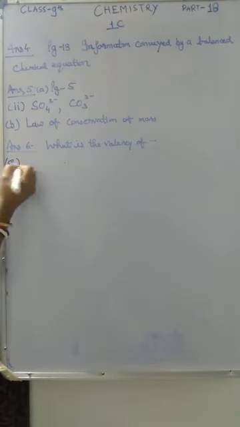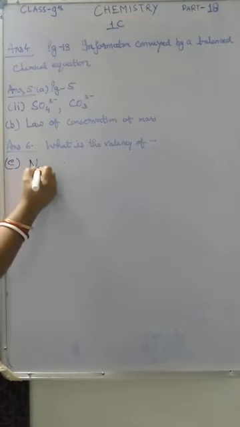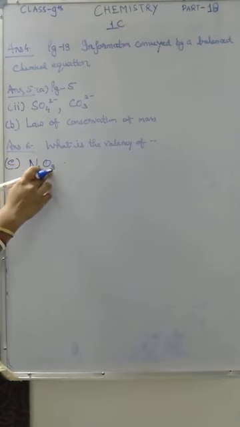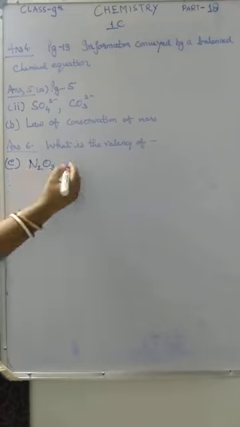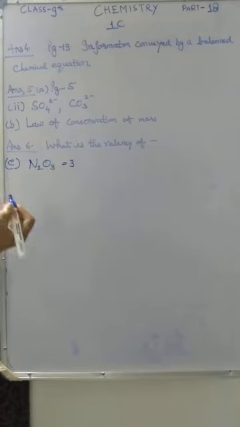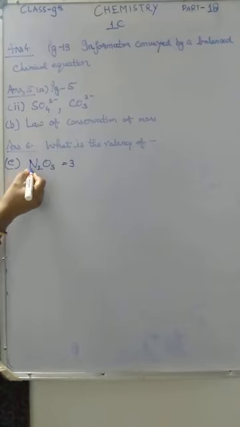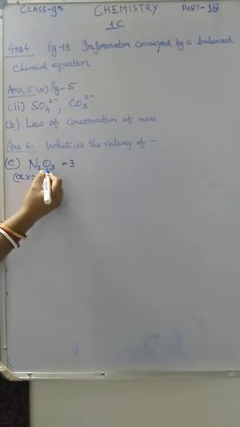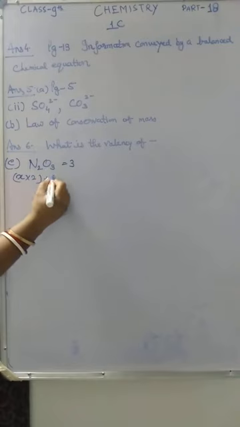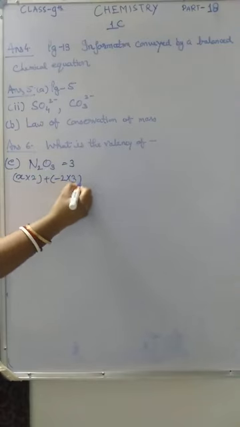Nitrogen in the following compounds, first N2O3. So just you can see that this nitrogen is combining with these 3 atoms of oxygen, so its valency will be 3. Or if you want to write like an equation, suppose the valency of nitrogen is x into 2 plus valency of oxygen, all of you know, minus 2 into 3 is equal to 0.